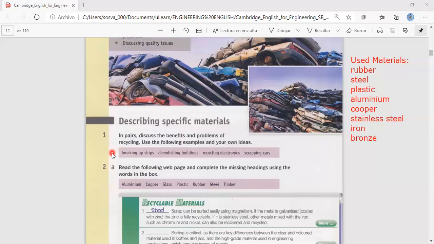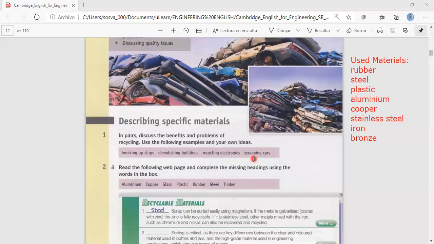Okay. Yeah, so I want to talk a little bit about these four different ideas. Of course, breaking up ships is a good way to recycle material. Demolishing buildings, of course. Recycling electronics, I think that's one of the biggest recycling ideas here, because every year we dispose of millions of cell phones, microwaves, hair dryers, and stuff like that.